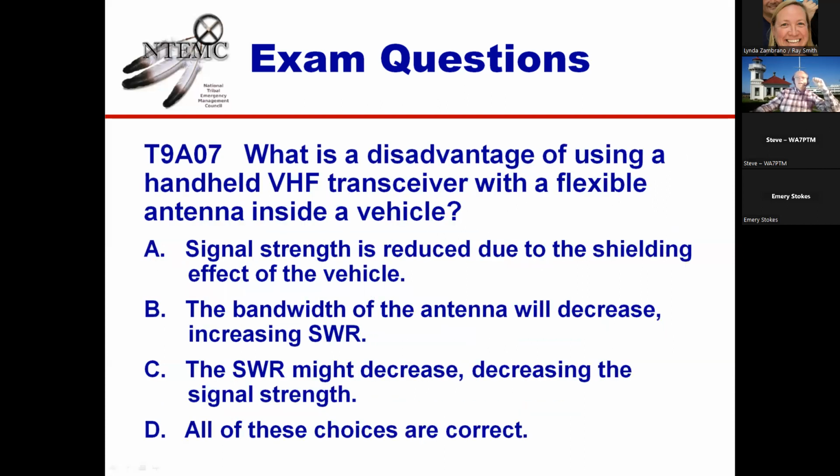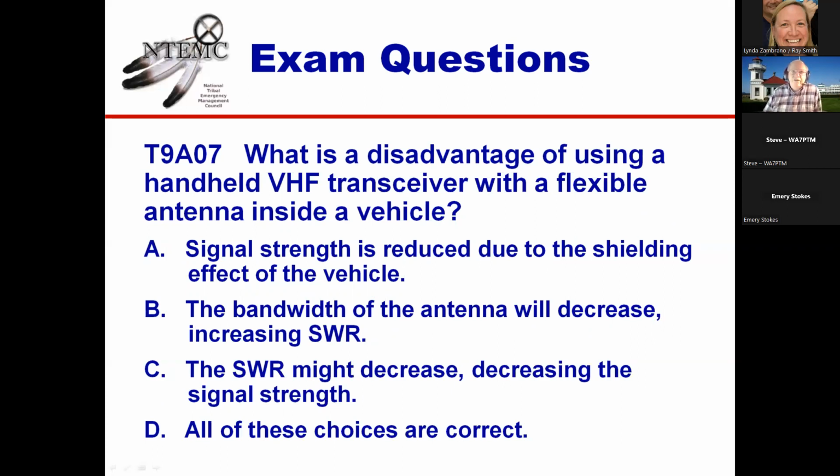What's the disadvantage of using a handheld VHF transceiver with a flexible antenna inside a vehicle? Well, we didn't really talk about this, but if you're sitting inside a vehicle, presumably a metal vehicle, you have a big cage around you, which acts like what's called a Faraday cage, and it shields you.